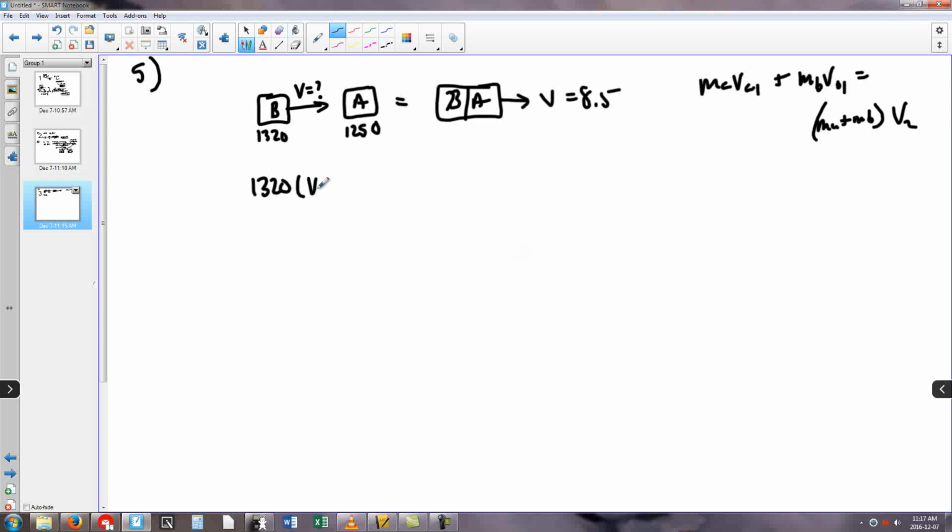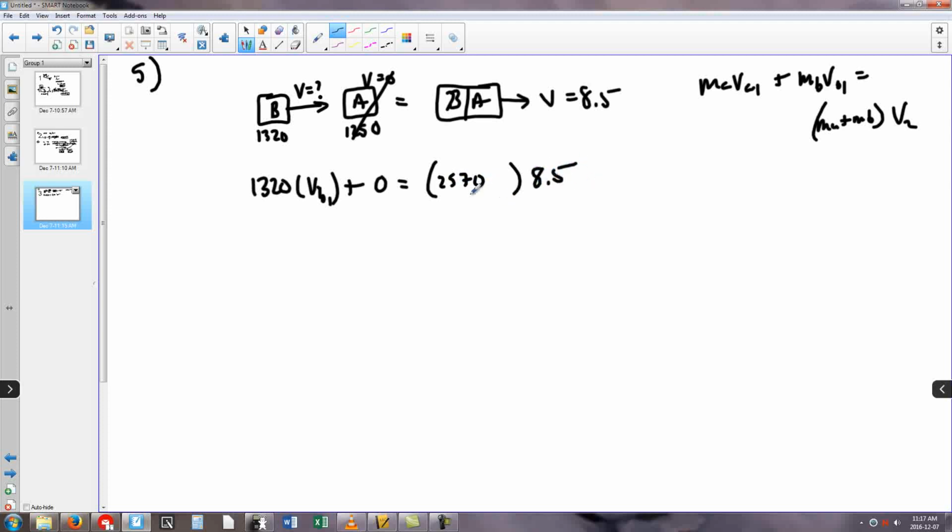We don't know VB1, but we know that this guy had a velocity of 0, so it won't matter. And that will equal the combined mass. If I add 1320 and 1250, I get 2570 times 8.5.